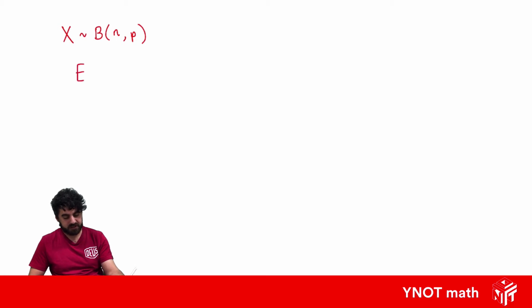For our expected value of x, we get the number of trials times our probability, which also equals our mean. We get the variance of x equaling n times p, all times 1 minus p.